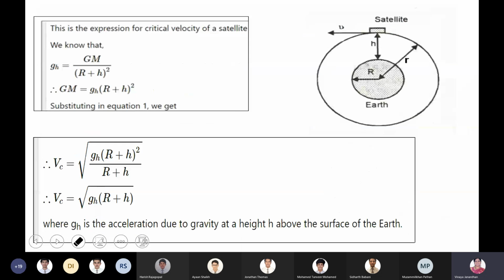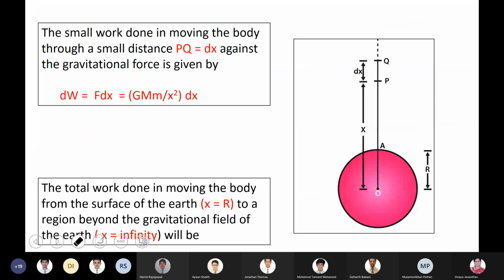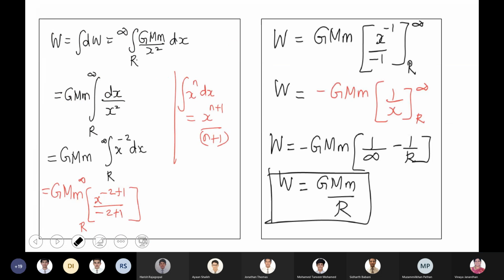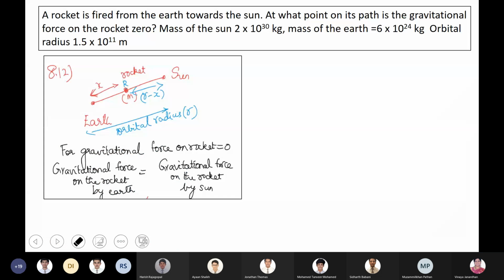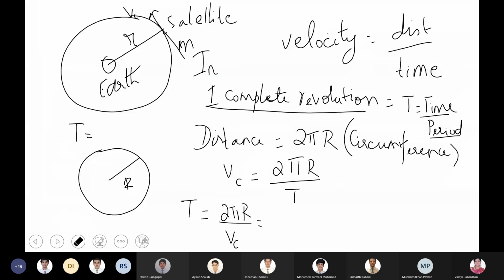Boys, are you doing the calculation? So this becomes 2 into 3.14. What is the orbital radius? The radius of the Earth is 6.38.